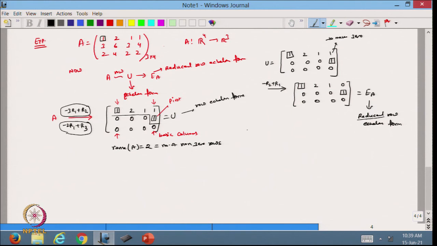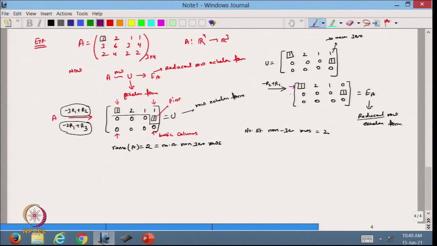Now from here I can say that the number of non-zero rows is 2. This is the non-zero row and this is the non-zero row.